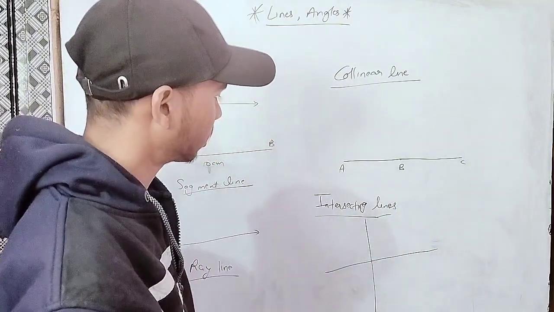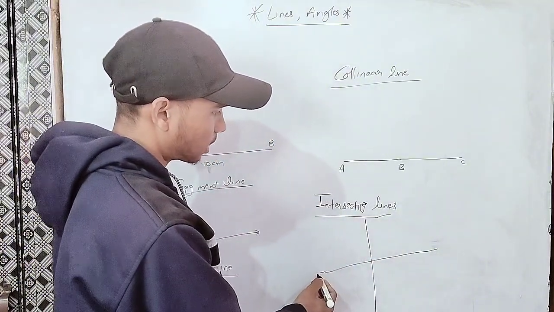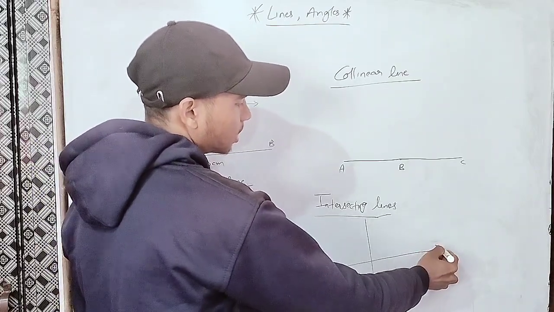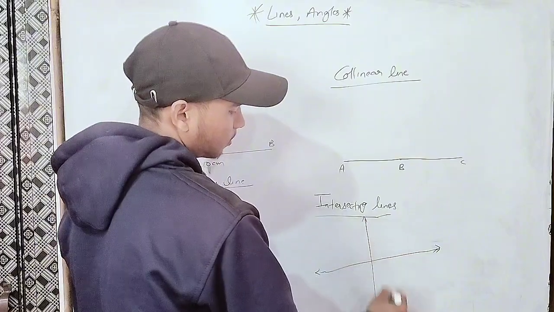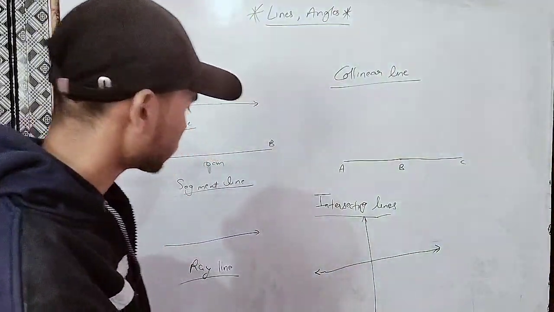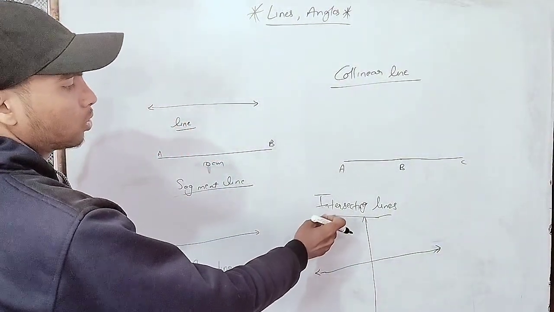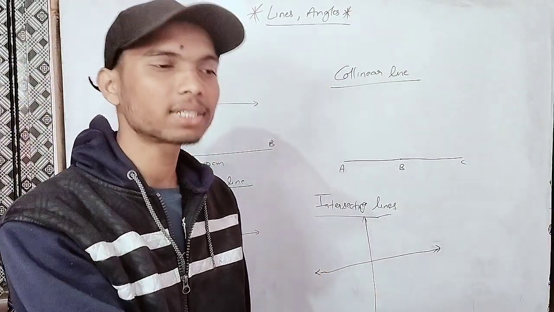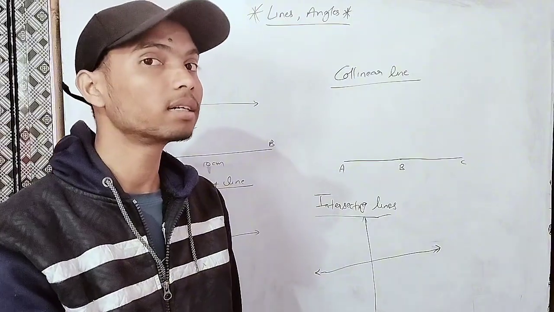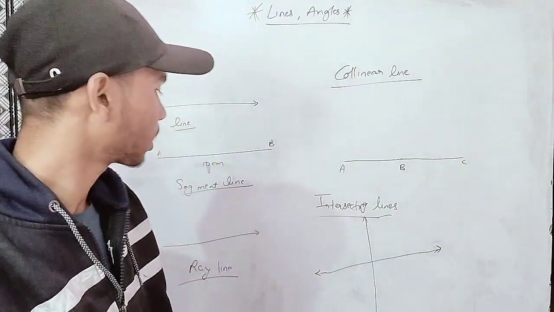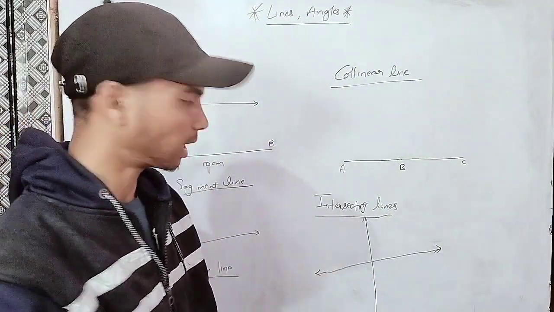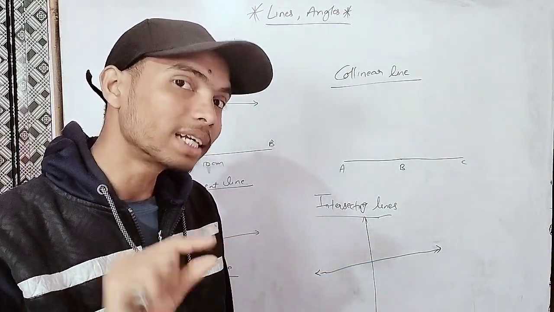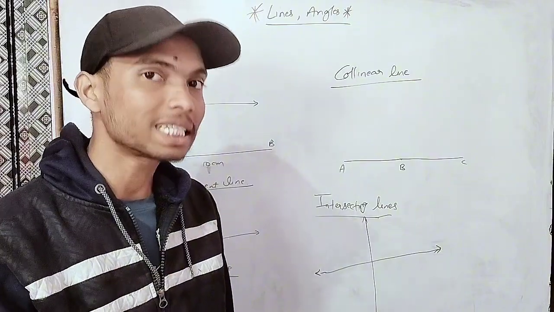So our lines intersecting. This is just an example. Any line will intersect with another line. So this line is intersecting with another, so another line is compulsory to intersect.